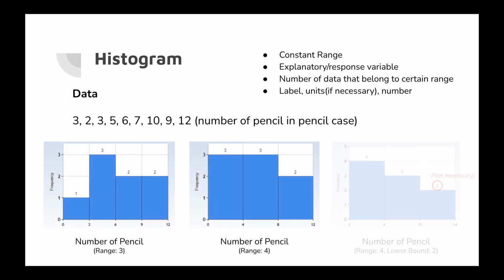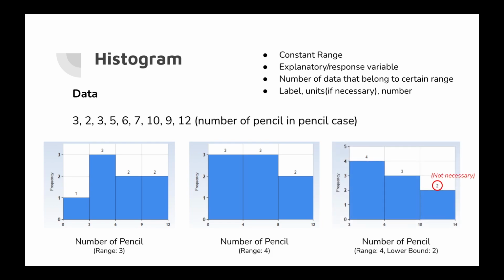Okay, so your histogram might be different from my histogram based on range and the lower bound. On the slide here, I provided 3 possible examples for this dataset, but please keep in mind that there must be more than 3 correct answers. For the first histogram, the graph started from 0 pencils, and the range for each bar is 3.